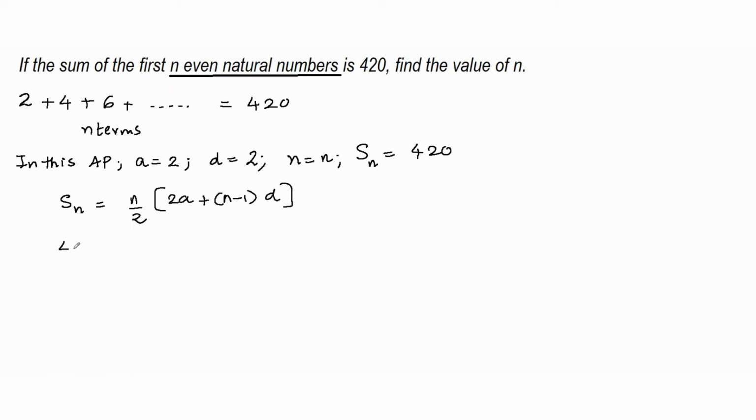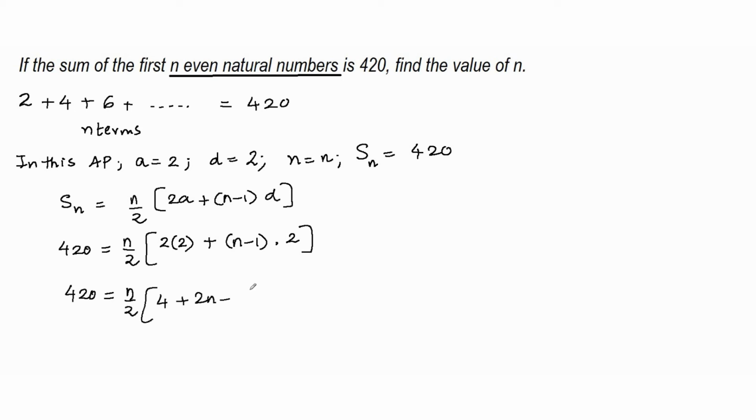Okay, so 420 is therefore equal to n by 2 times 2a, that is 2 times 2, plus n minus 1 times 2. If I open up all the brackets, I get 4 plus 2n minus 2, and therefore 420 is equal to n upon 2 times 2 plus 2n.